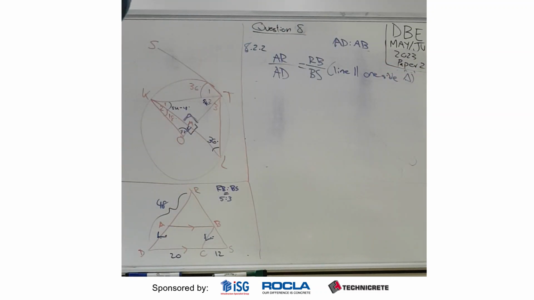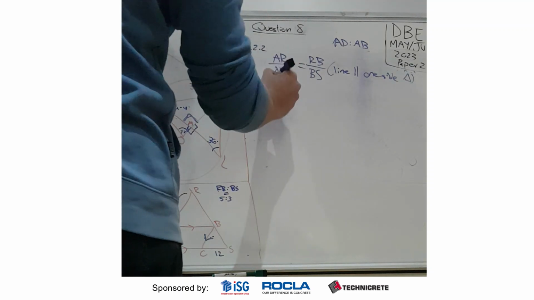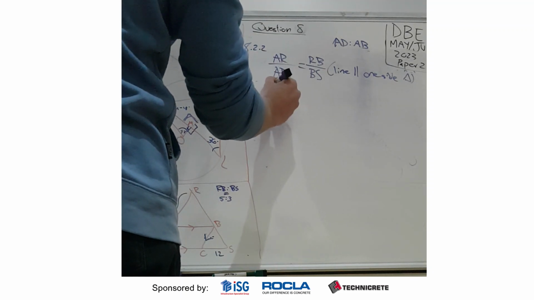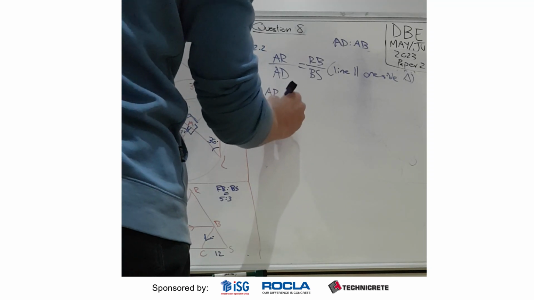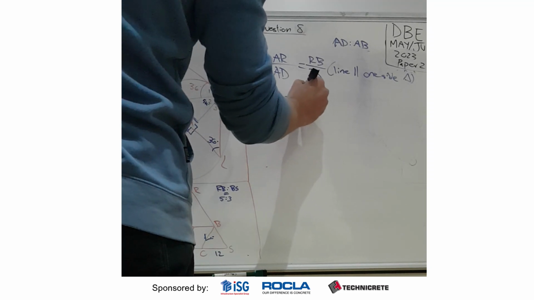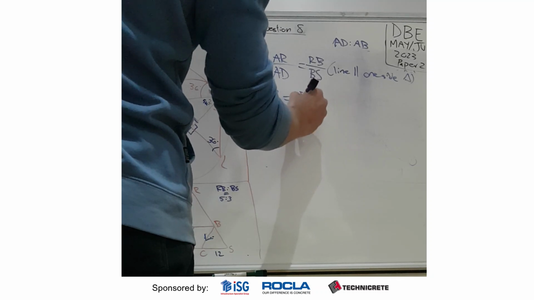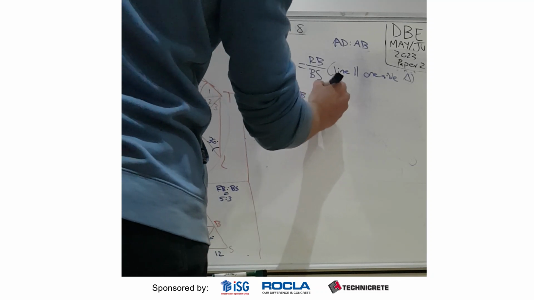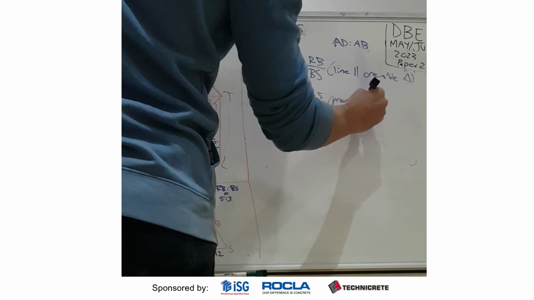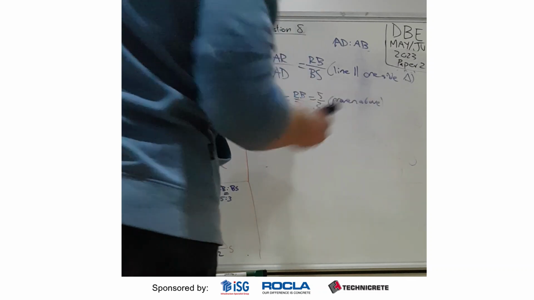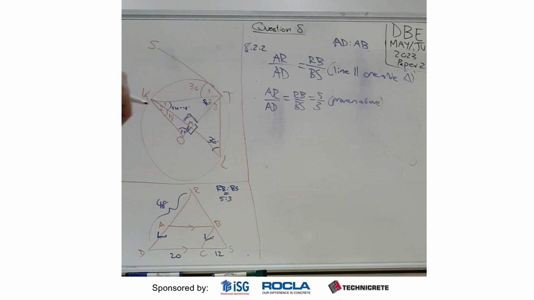Alright. Now, we also know that AR over AD is equal to RB over BS, which is equal to 5 over 3, right? That was proven above. Great.